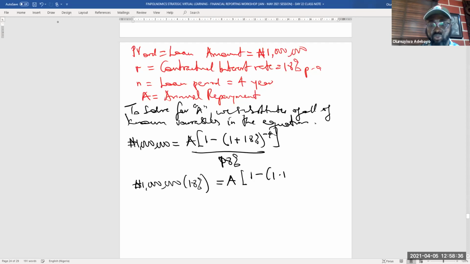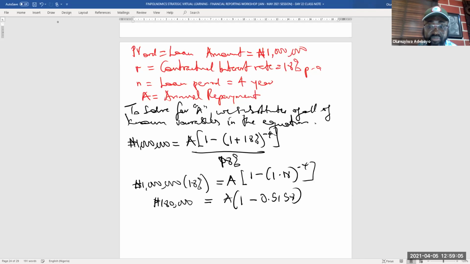So 1 million times 18% is 180,000 over A times bracket 1 minus 1.18 raised to power minus 4. That is 0.5158, and therefore 180,000 equals 0.4842A.